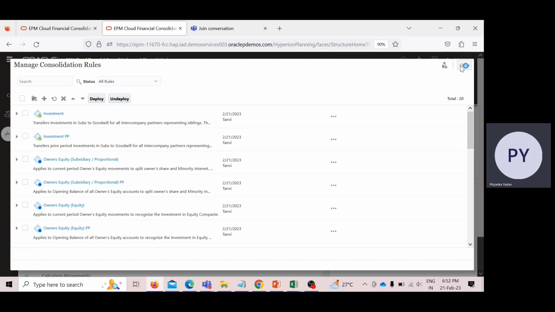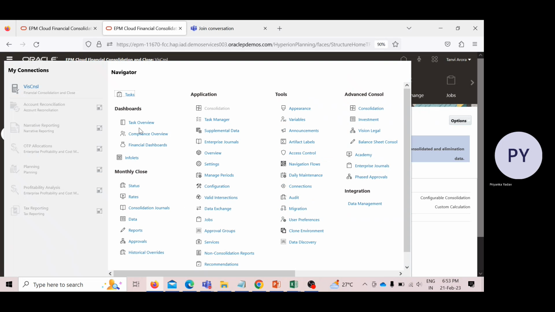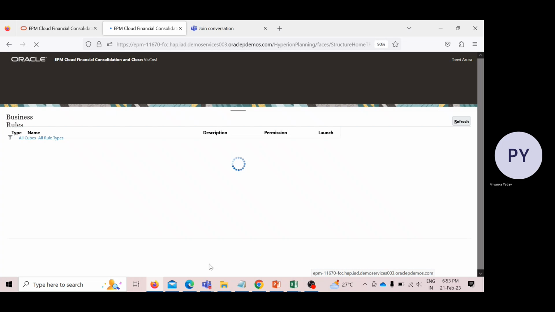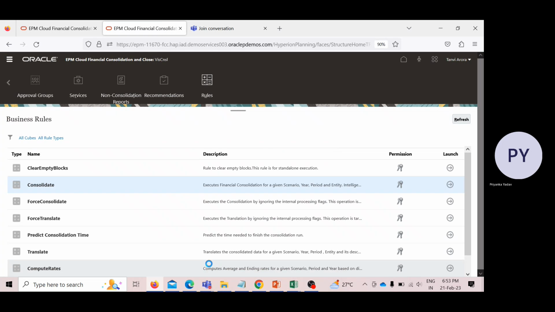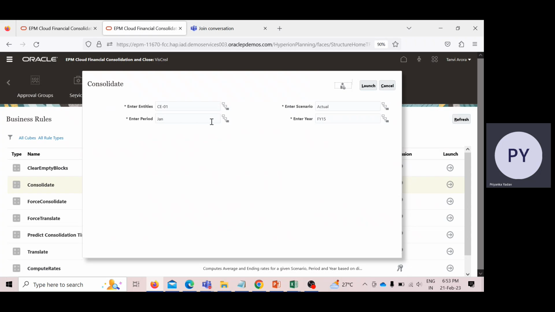We will close this and launch the consolidation rule again. So the POV has already been entered from my last consolidation.